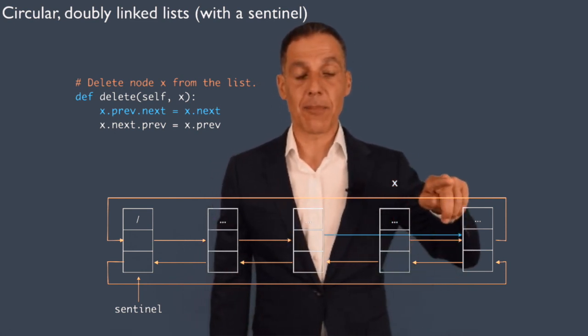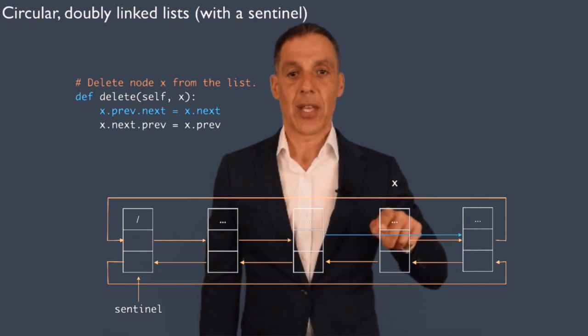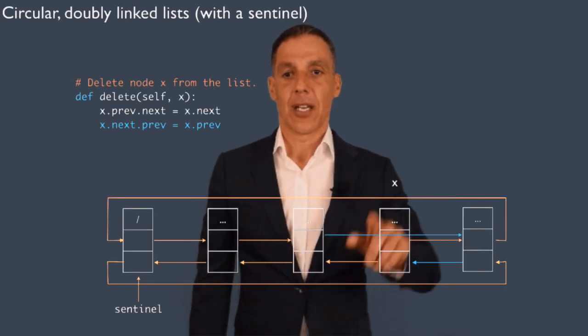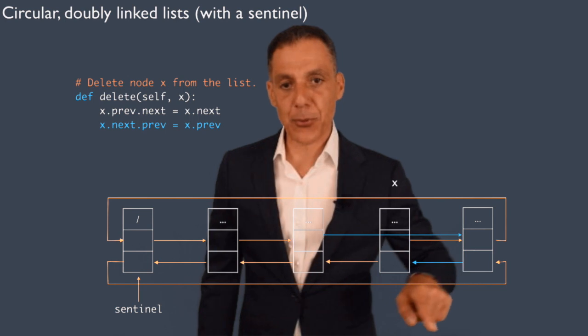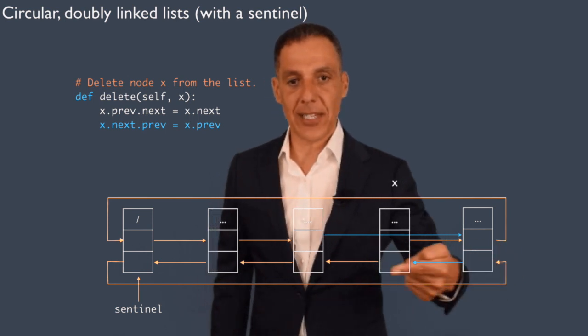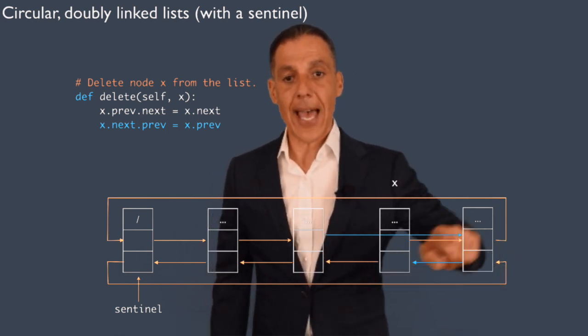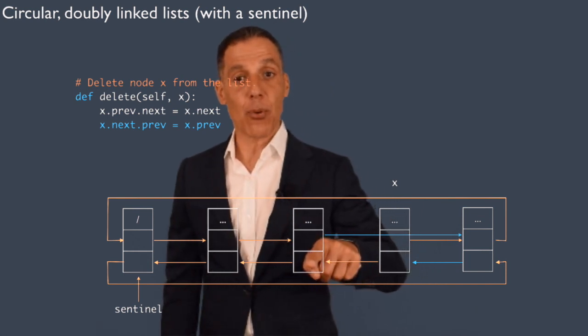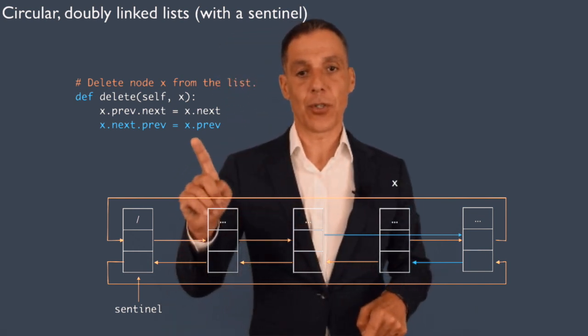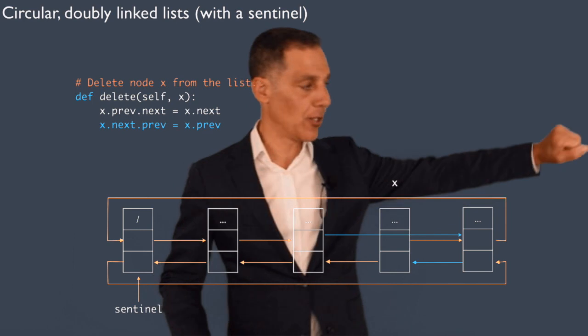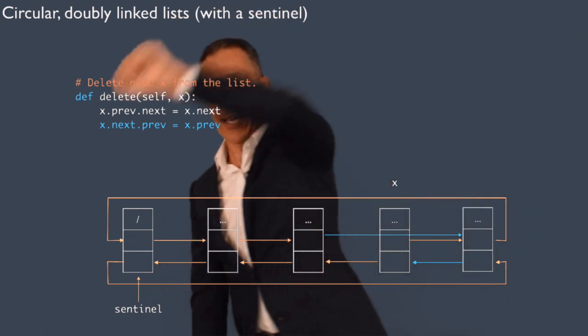And then I want to do the same thing in the other direction. X.next.previous, so that's this link right here, is no longer X, but it should be who I point to in the reverse direction, which of course is just X.previous. So I reach in here and I grab the link and I go like this.